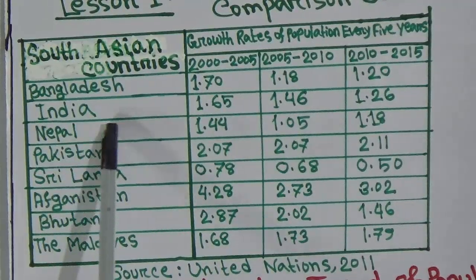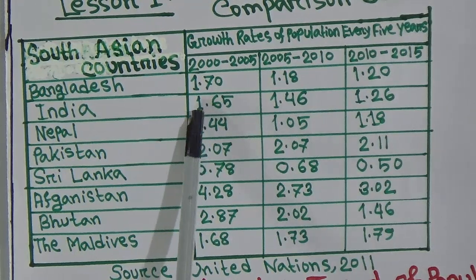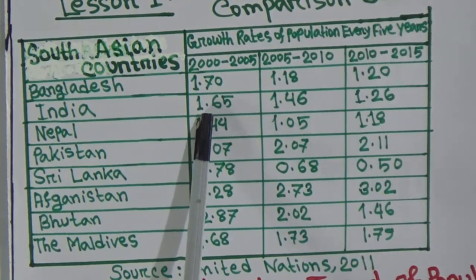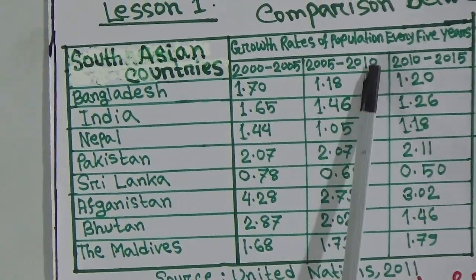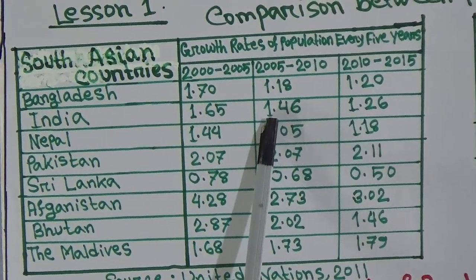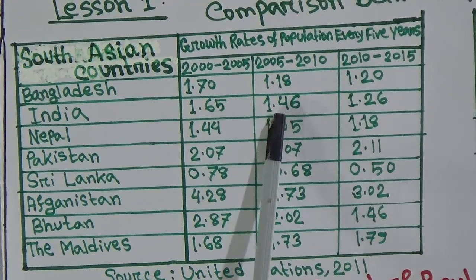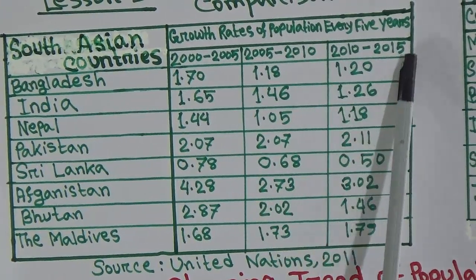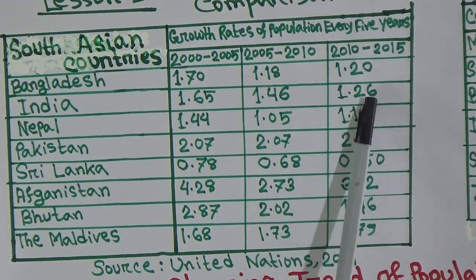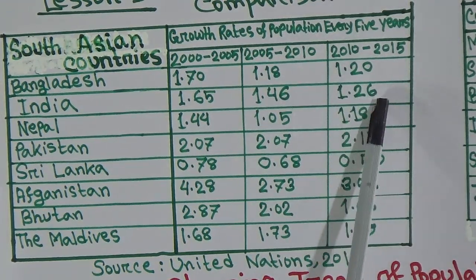Next, if you have a look at India, you can see in 2005 it was 1.65, and up to 2010, the next 5 years, it has lessened somewhat, 1.46, and up to 2015 it has also decreased, 1.26.